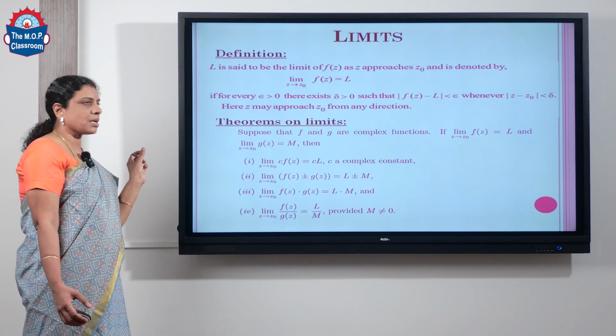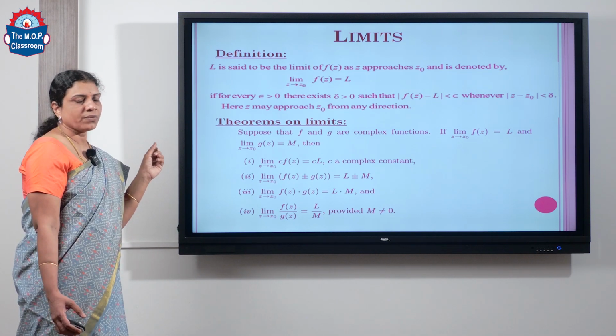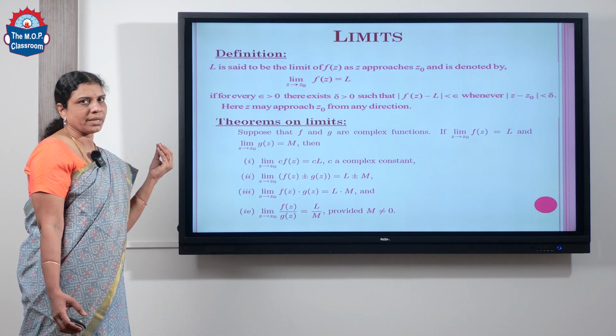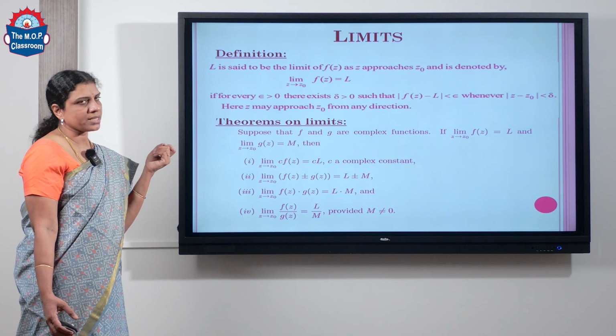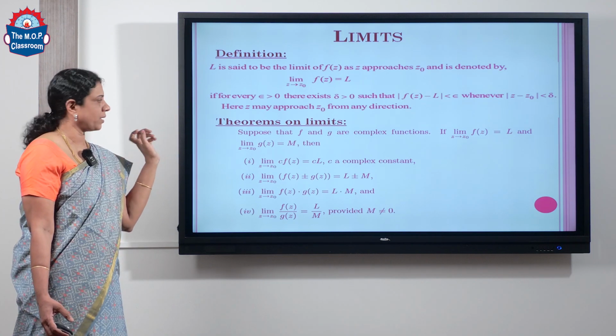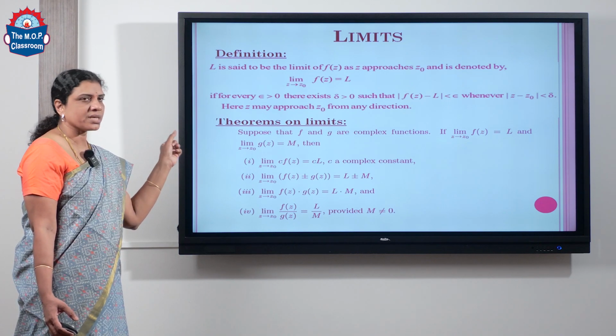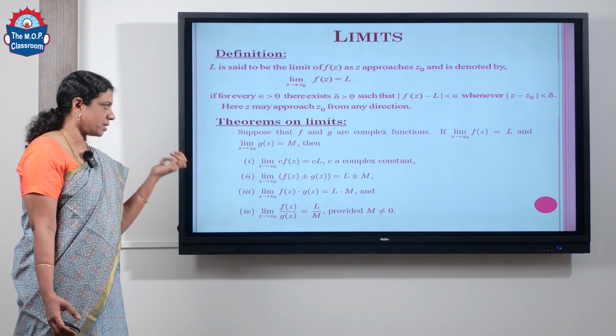Suppose 2 into x plus iy, so suppose the function approaches the limit. Then if a constant is multiplied with the function, the limit has 2 times that value. So the limit of c into f of z equals cL, where c is a complex constant.